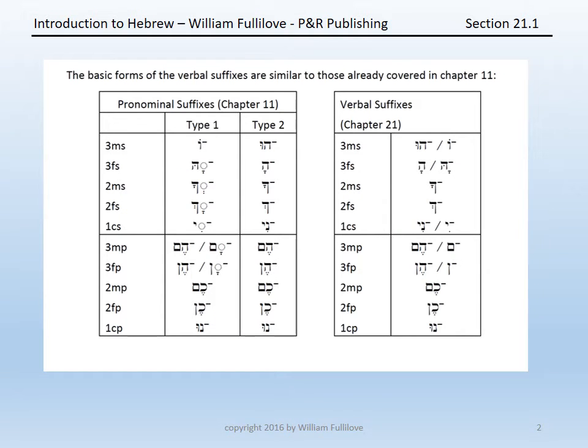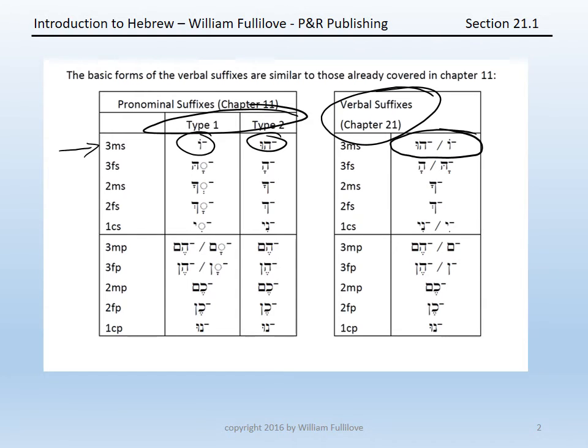The basic forms of the verbal suffixes should be relatively easy to recognize, as they're similar to those we already covered in chapter 11. Consider the similarities between the verbal suffixes here and the type 1 and 2 pronominal suffixes from chapter 11. For instance, the third masculine singular forms were either o or who, and in fact, in the verbal suffixes, you can have o or who.